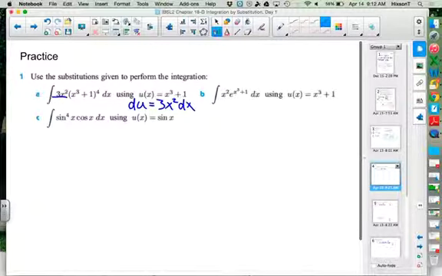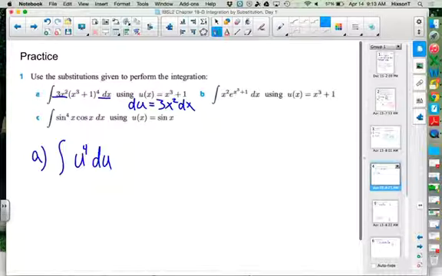Those parts there make up our du. du/dx is 3x squared, so I multiply by dx, and du is 3x squared dx. So for part A, what we can integrate is simply the integral of u to the fourth du.